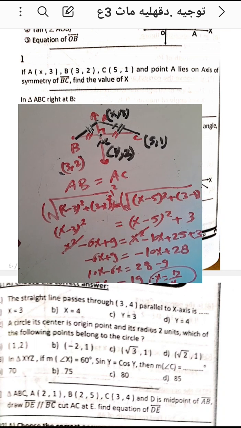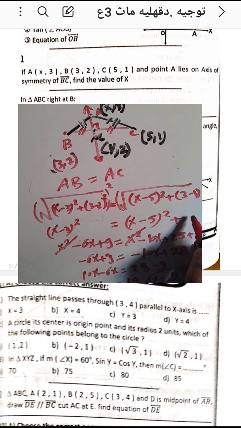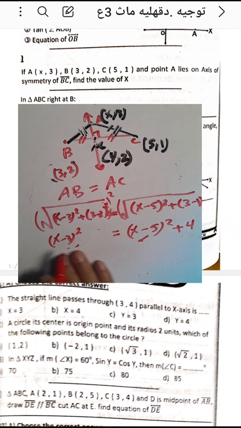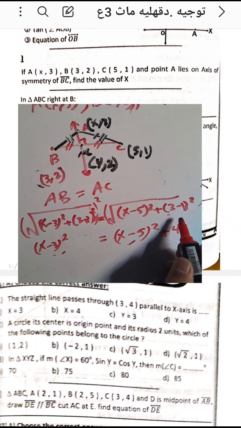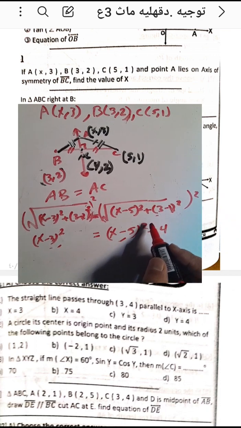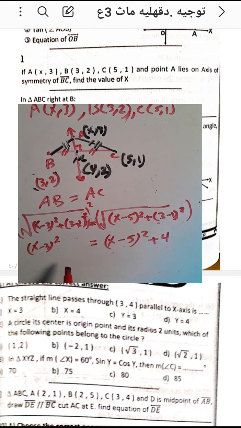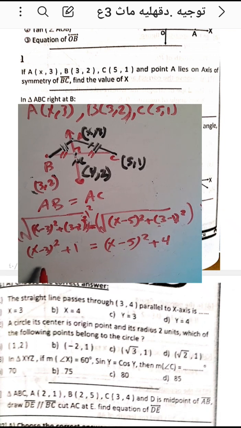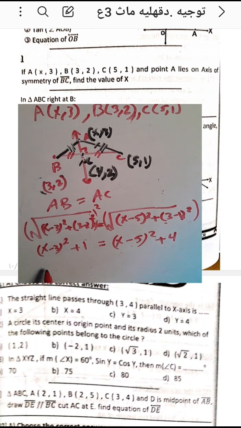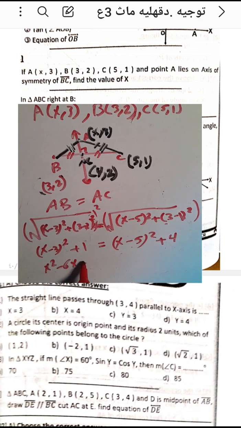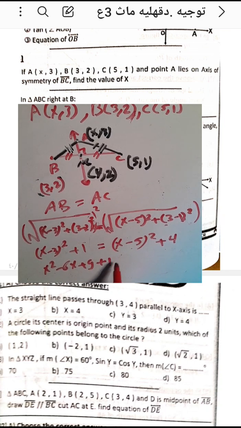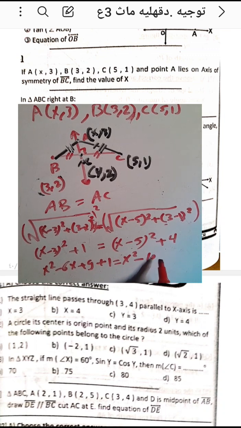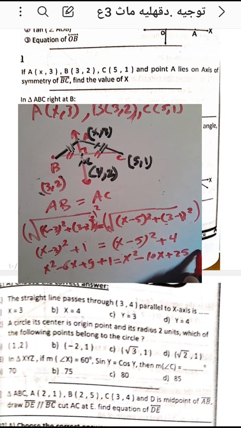It was 2 power 2, 4. Sorry, it was 4. 3 minus 1, it's not 0. 3 minus 1 here, 2 power 2 is 4, and 3 minus 2 is 1, 1 power 2 is 1. Then the result here, x power 2 subtract 6x plus 9 plus 1 equals x power 2 subtract 10x plus 25 plus 4.